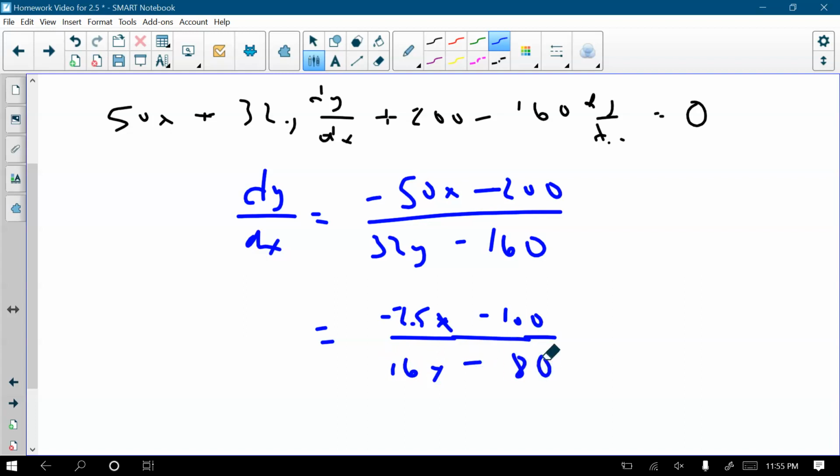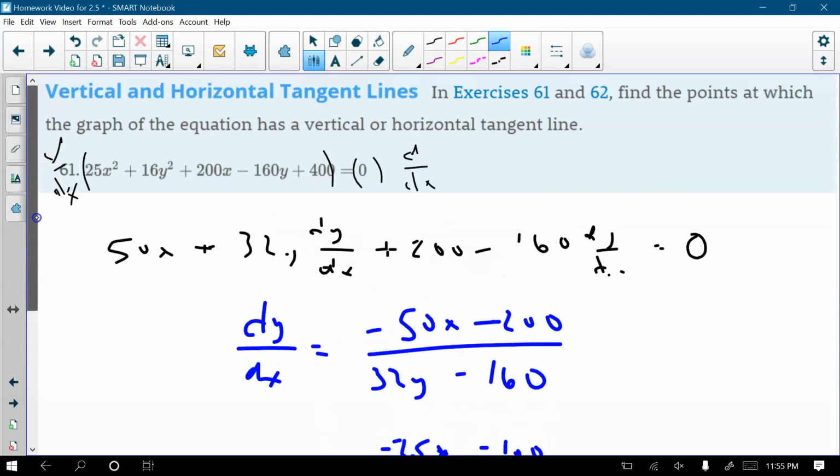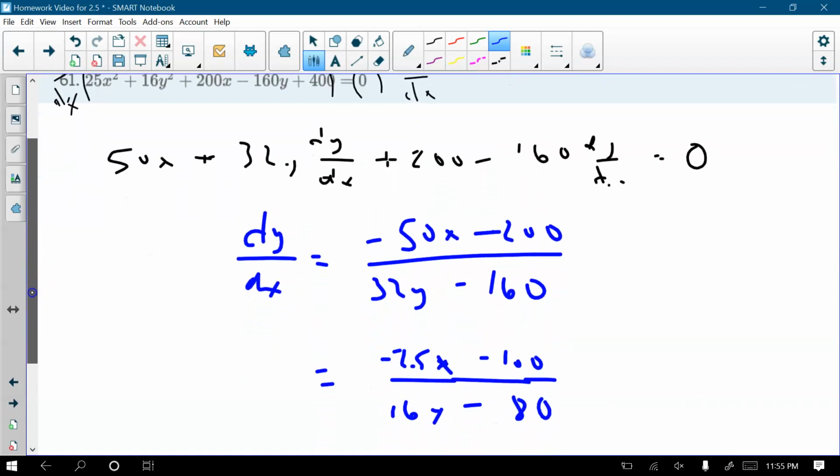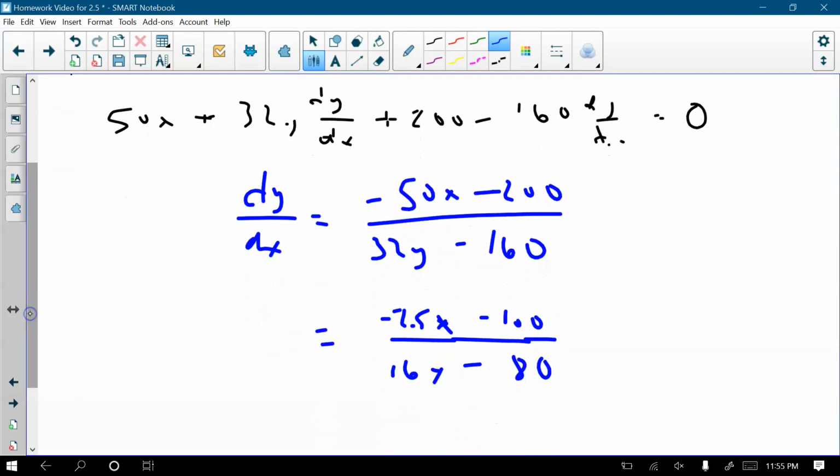Okay, I'm going to reread the question to make sure I know what it's asking, and it says find the points. So I need an x and y coordinate where there are horizontal tangents and vertical tangents. For horizontal tangents, I need to set the numerator equal to 0.